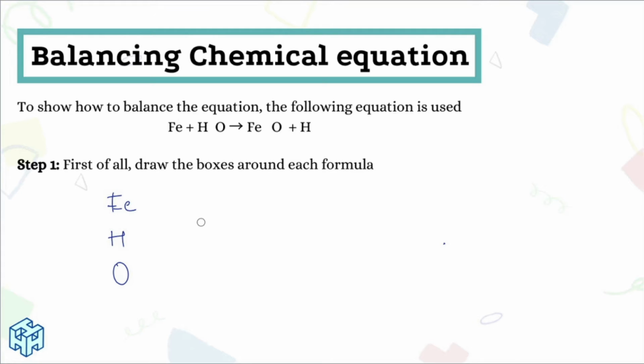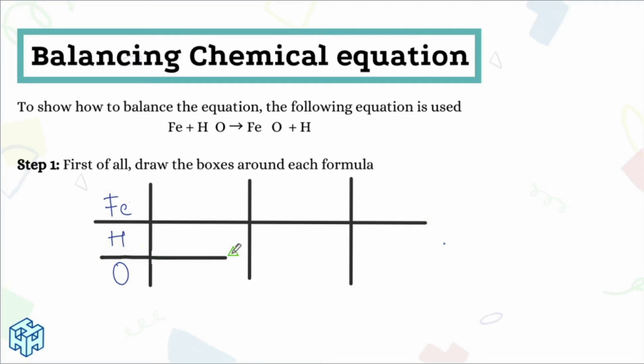Let me write it clearly, let us not cause any misunderstandings. Ferrous. Now let us draw a box and write down all the elements. Are you able to see it? Did you get it?